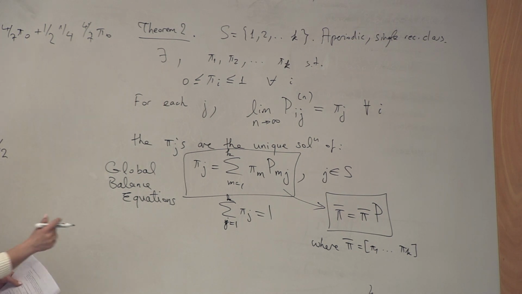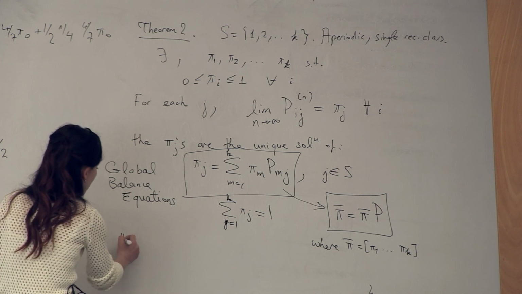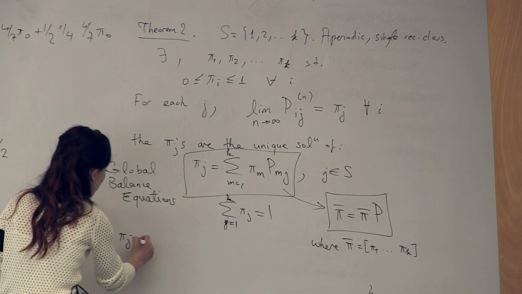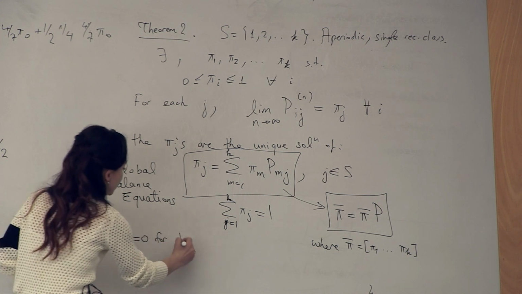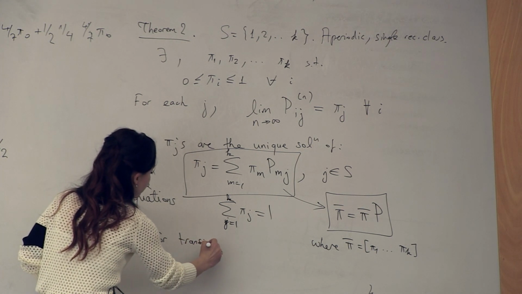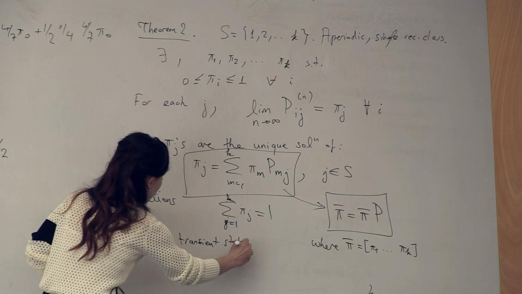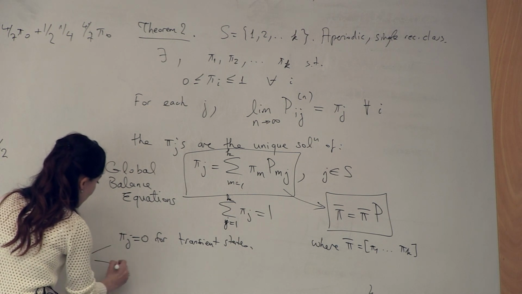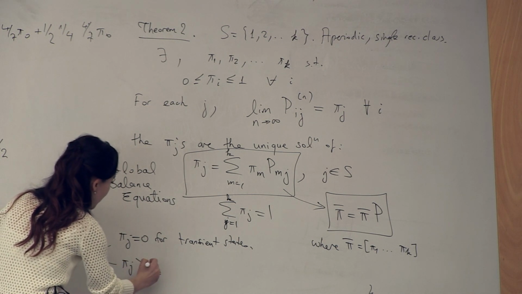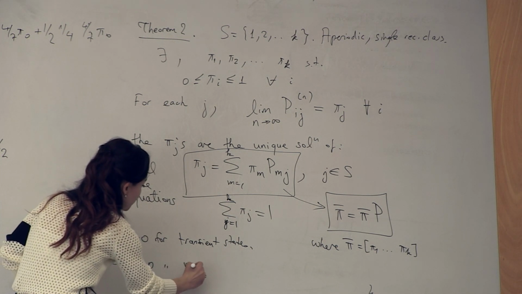Now, notice that we have pi j equal to 0 for transient states and pi j positive for recurrent states.